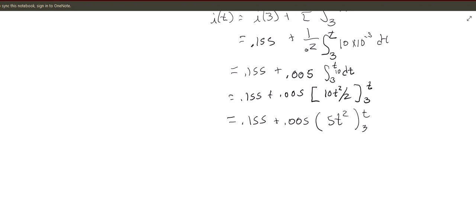Oh, it's not t squared because there's no t in there. It's just 10t. Okay, so that's 0.155 plus 0.005 times 10t minus 30.